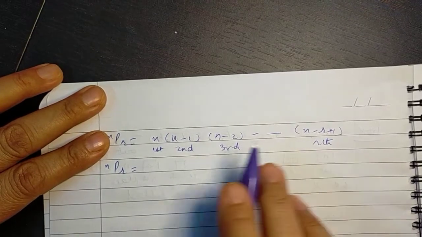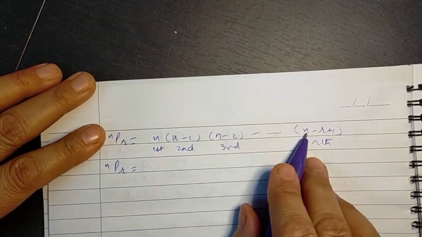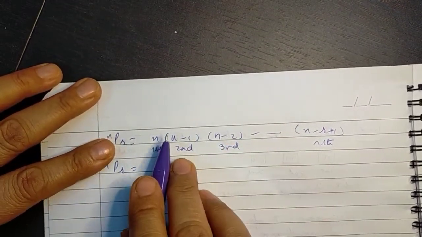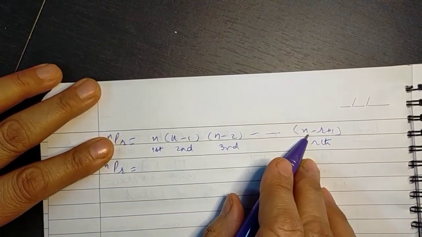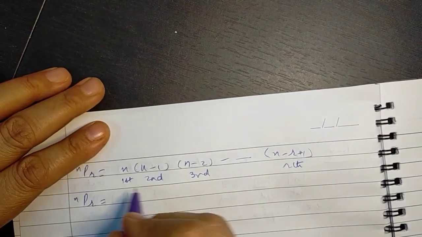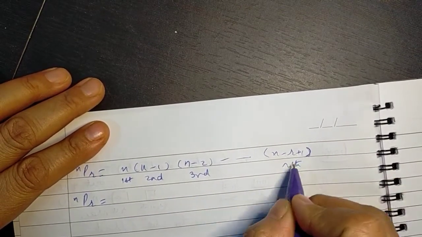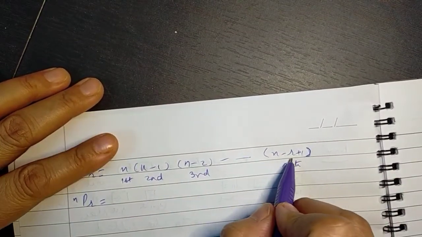So these are r consecutive natural numbers, meaning every natural number is one less than the one written prior to it. The last number being used is n minus r plus 1.